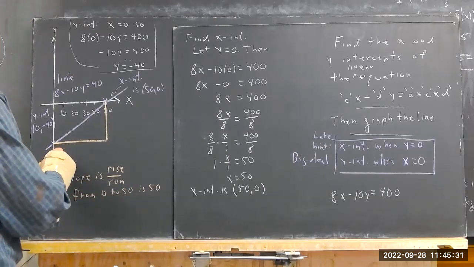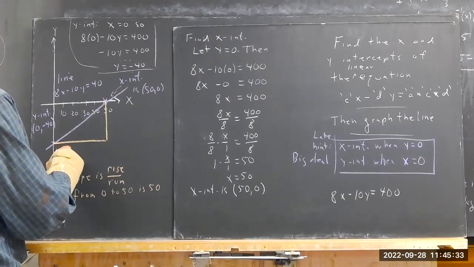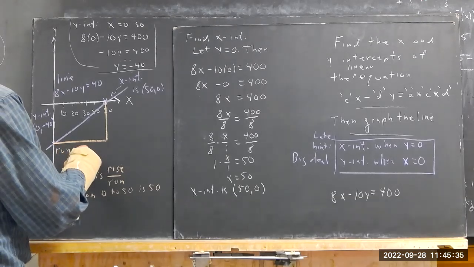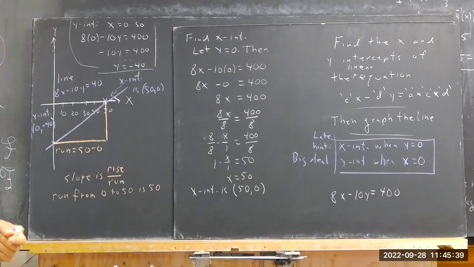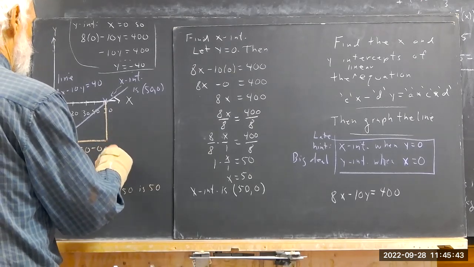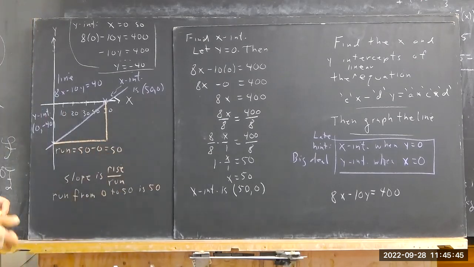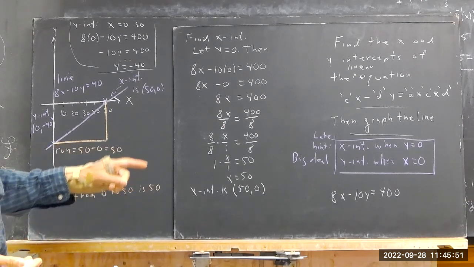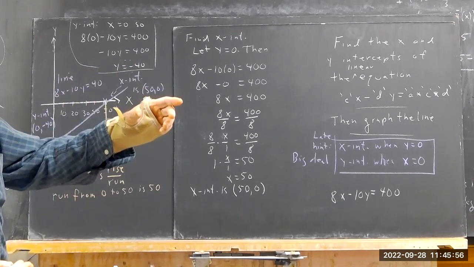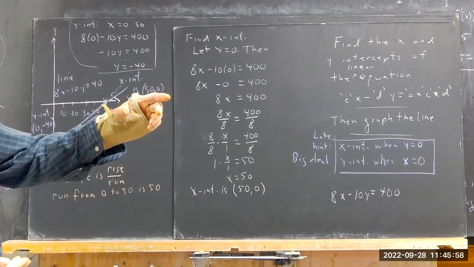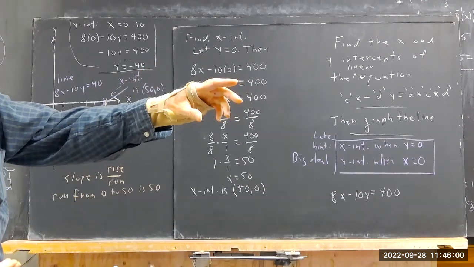So I'm going to label it here. Here's your run, and I'm going to say that's 50 minus 0. Because to get how far you run, you subtract where you started from where you ended. If you're going up the interstate, you go from mile 20 to mile 40, then you went up 20 miles.